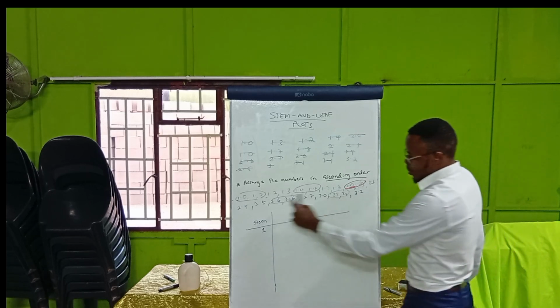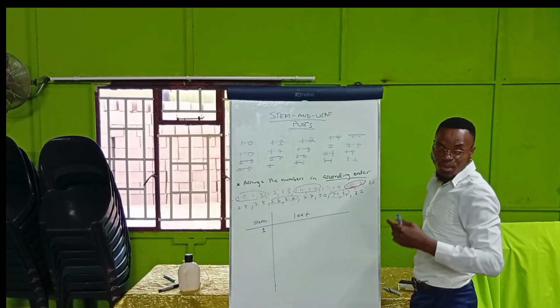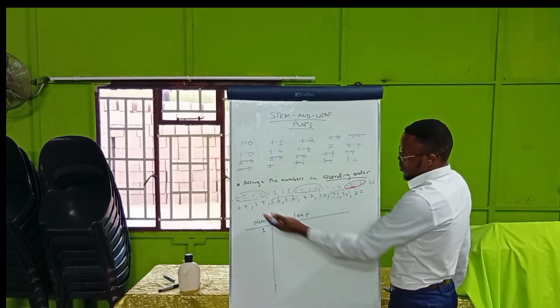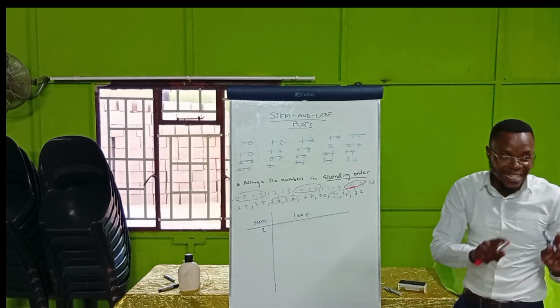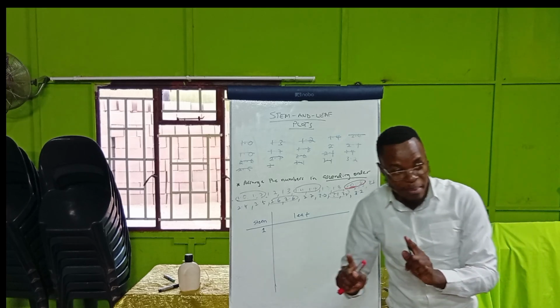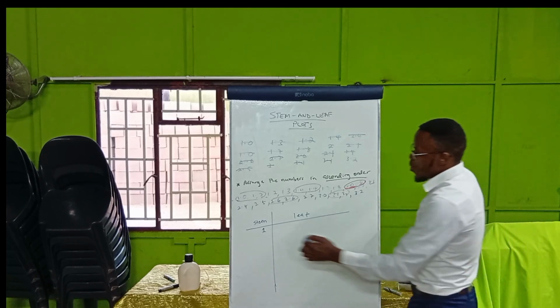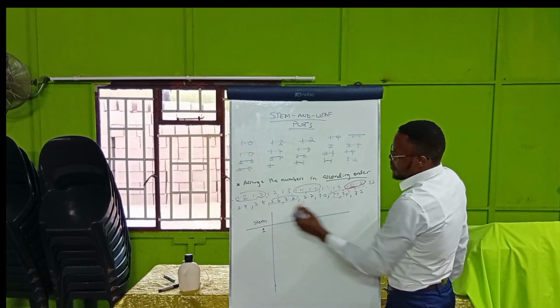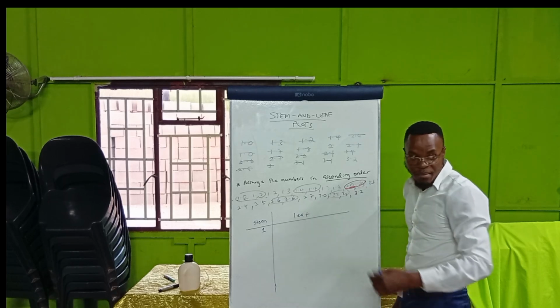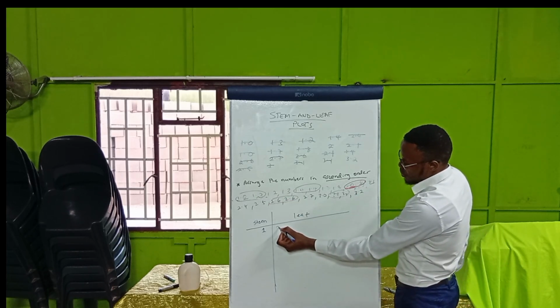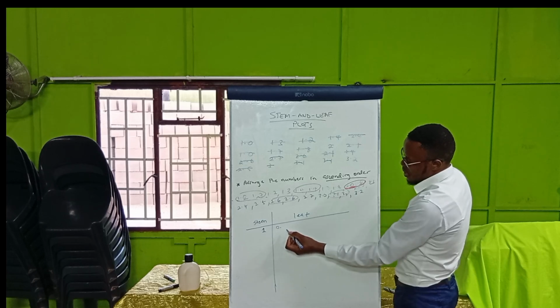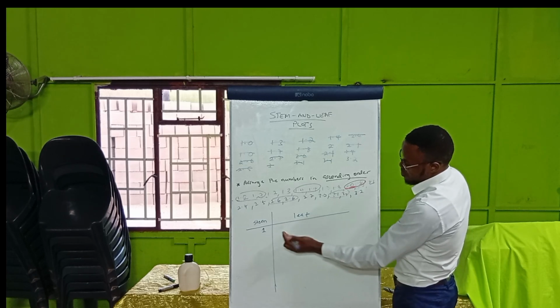Notice, because we have arranged the numbers in order, it will be easy to write the leaves. All these numbers start with 1. So notice the 1.0, that's a leaf of 0.